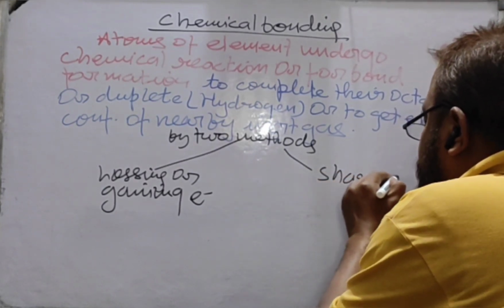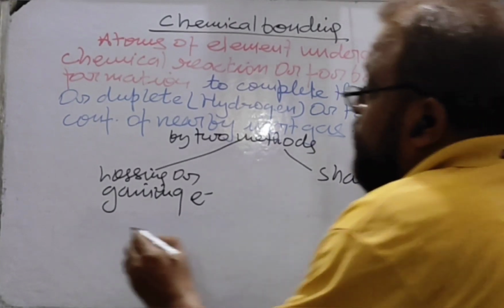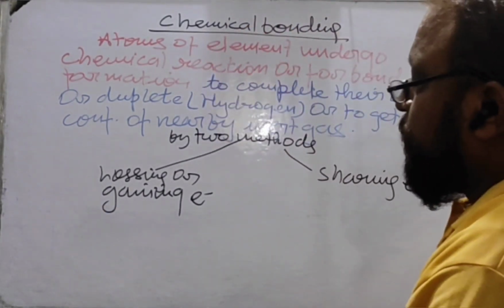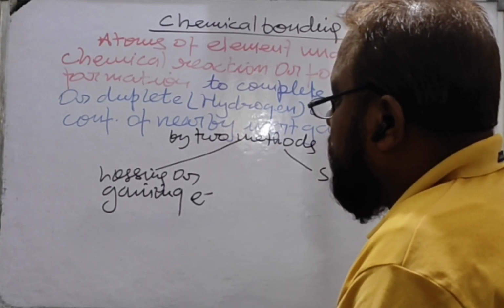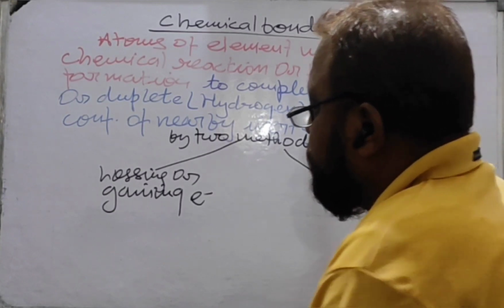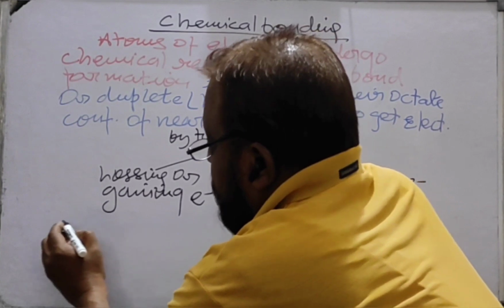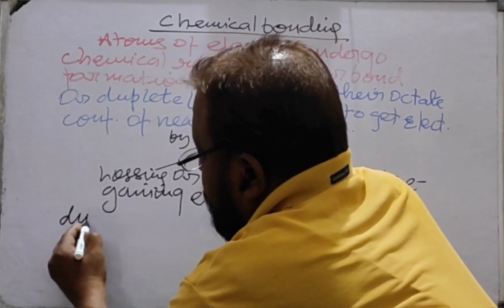This bond formation is by two methods: one by losing or gaining electrons, and one by sharing electrons.